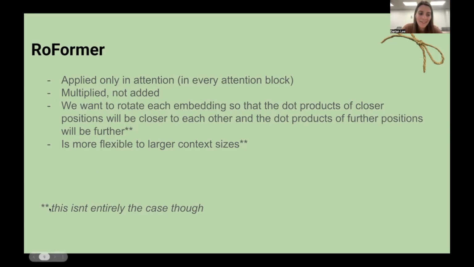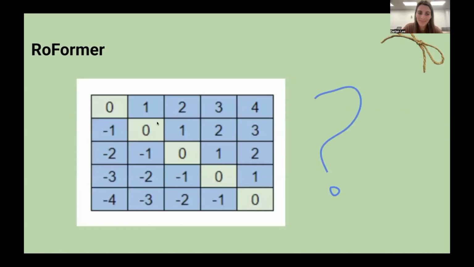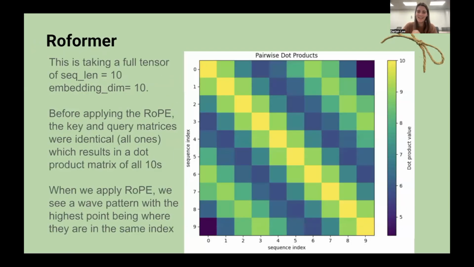Then I have these little asterisks here for things that are commonly said about them but aren't entirely the case. And I'm going to expand on this third one right now, which is the way it's typically explained as rotating closer things closer together and further things further together. And we're going to see how it actually looks.